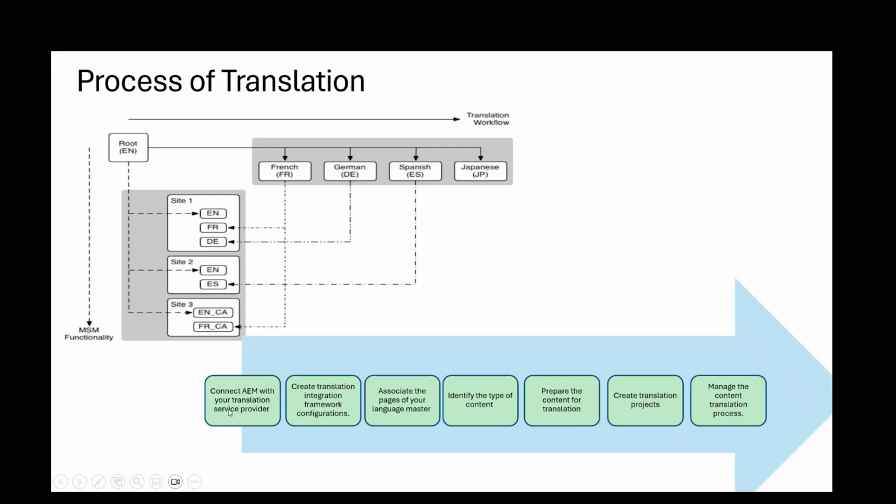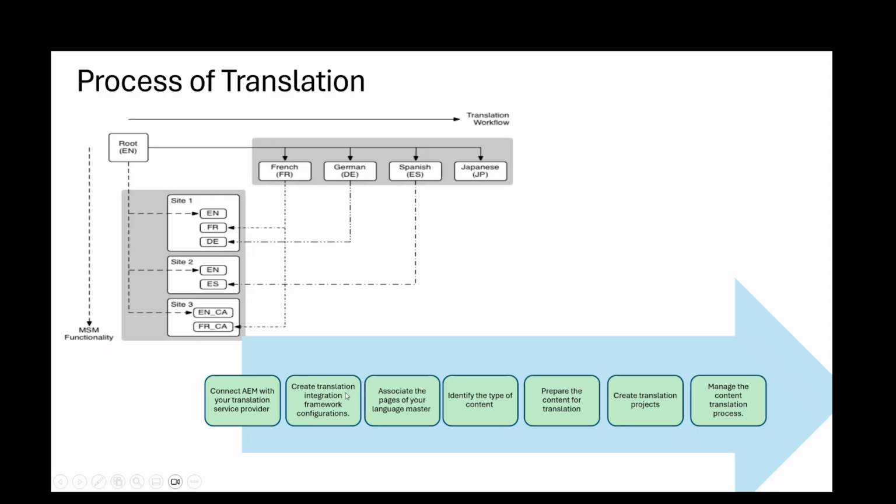If you look at the overall flow, you first need to have a translation provider. There are multiple vendors available which support the AEM product for translating the content. You can select any of them. After that, once you have the translation provider package, you need to install it on your AEM environment.